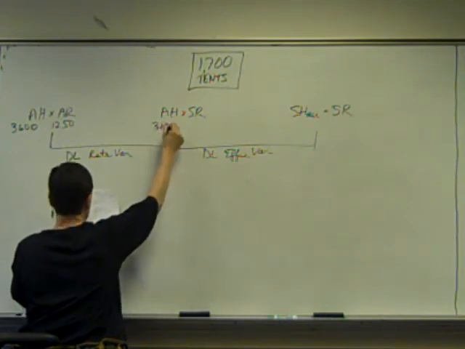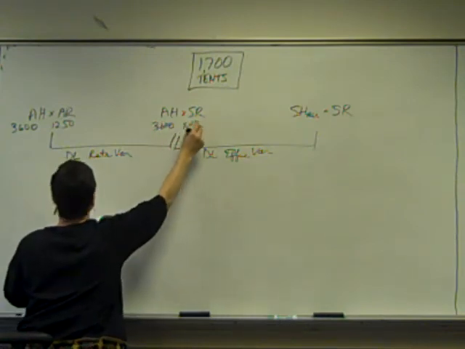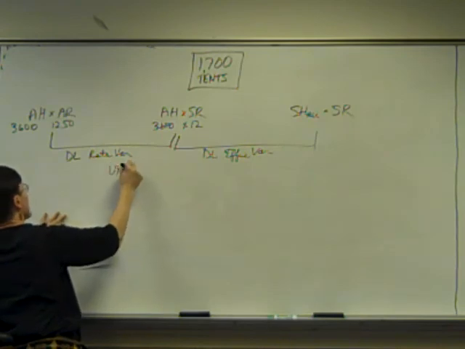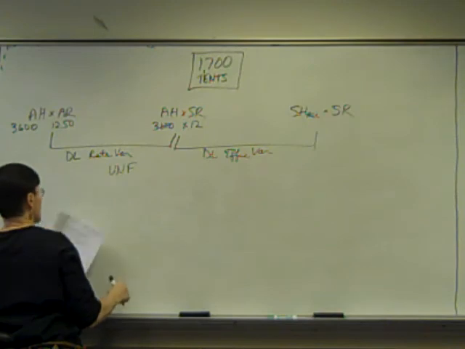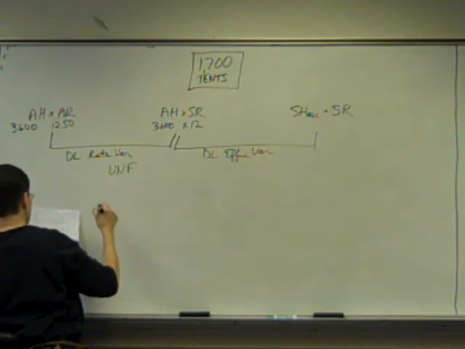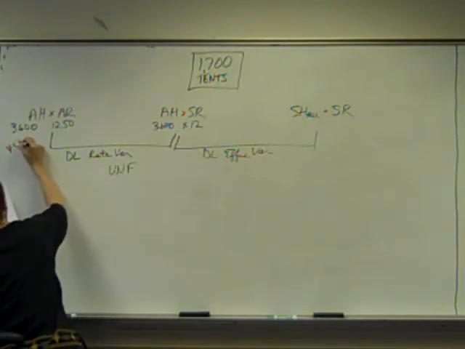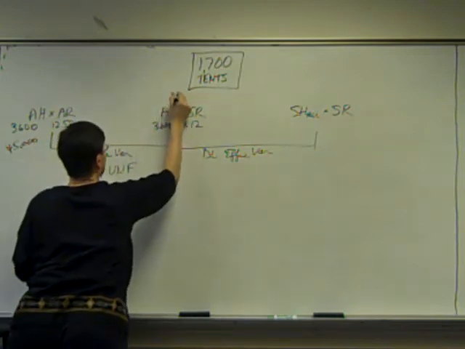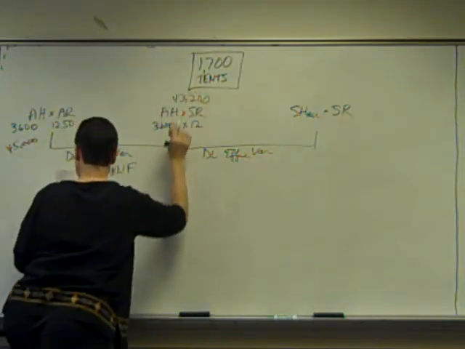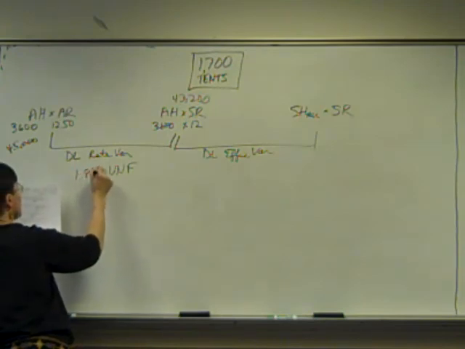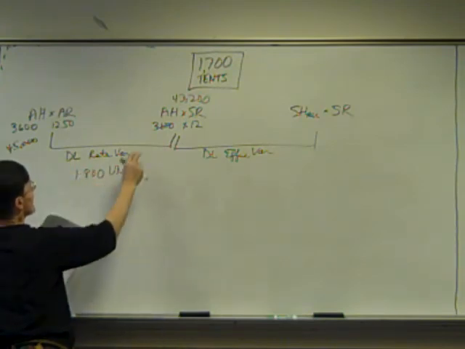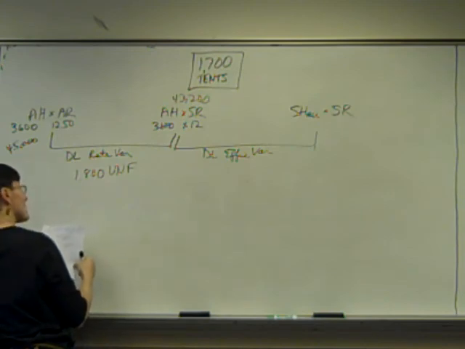For those 3,600 hours, what did we budget? We know right away it's going to be unfavorable. We paid 50 cents more an hour than we should have, or than we budgeted. So this is 45,000. This is 43.2. And so we have an unfavorable variance of 1,800 over the 43.